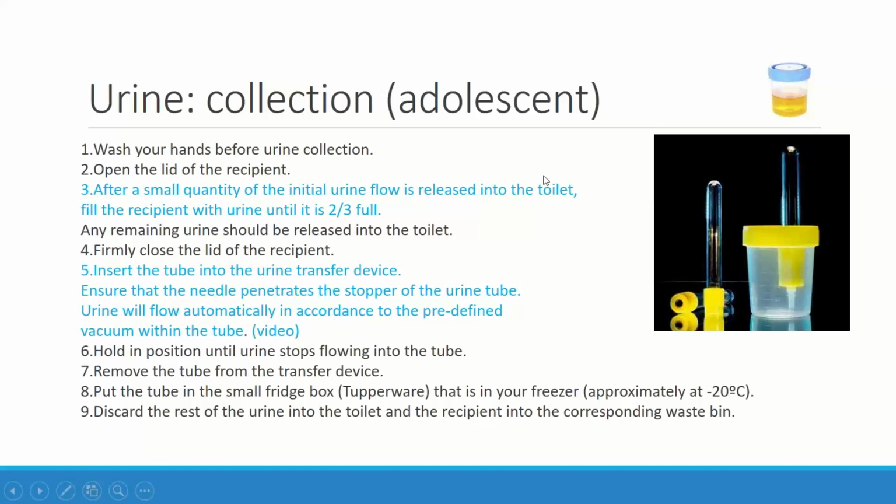What we want is that the child collects the urine inside this big recipient, and then they have to close the recipient very well and insert the tube in it, and you will see that the urine is absorbed from the big recipient to the tube through the vacuum system, okay?